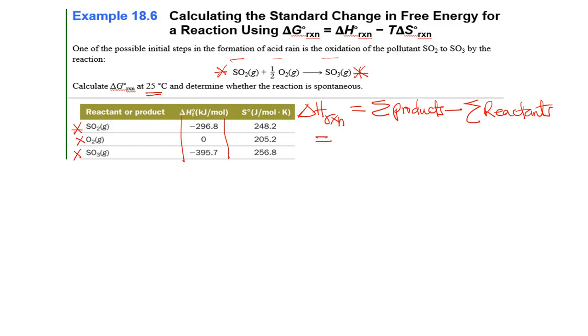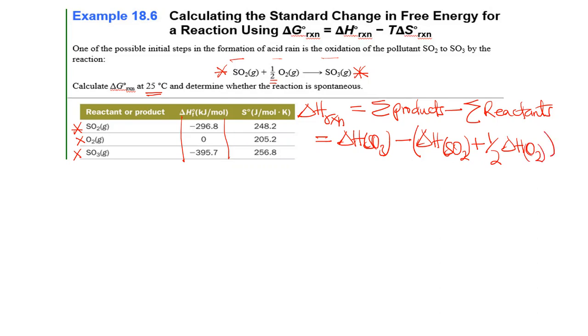We mean the enthalpy delta H of sulfur trioxide minus, in parentheses here because we have to put the reactants together, the enthalpy of sulfur dioxide plus half, because we have half here. So plus half the enthalpy of oxygen.